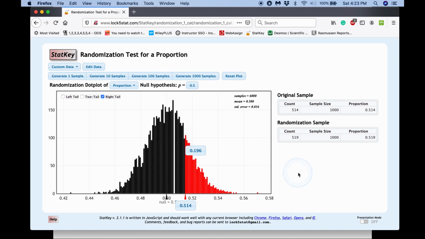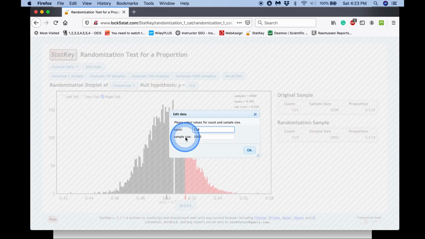Now we can see our p-value is 0.196, that's 19.6%. Again, at a 5% significance level, that would not be enough to reject the null hypothesis, right? So we're still at the case where this is not enough evidence to move us to believe that Big Fizz is actually preferred. All right, let's look at one more example.